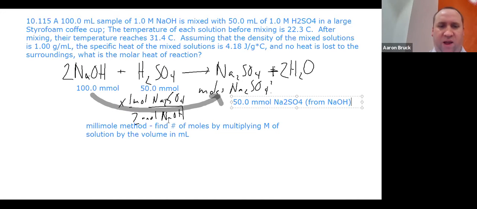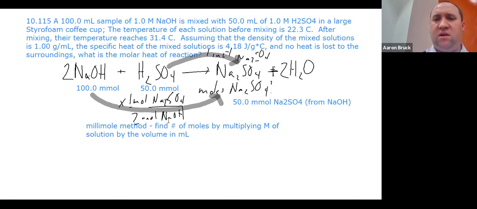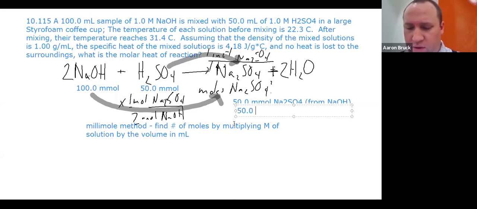And if I applied the same kind of logic up here, 1 mole of sodium sulfate for every 1 mole of sulfuric acid, it's a 1-to-1 ratio. I would get 50.0 millimoles of sodium sulfate this way.